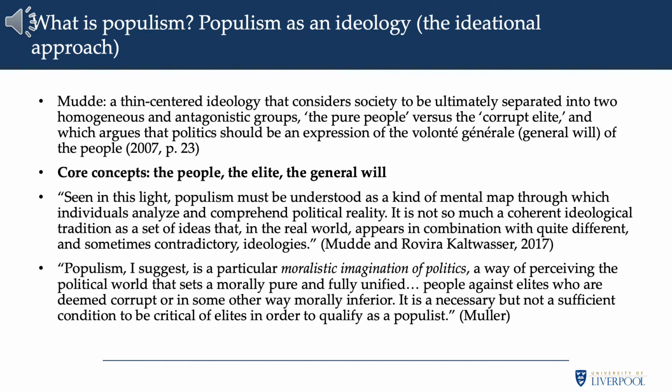Not everyone who rejects political pluralism is a populist. The basis of that rejection has to be on the morality of the people. Authoritarians may enact policies similar to those enacted by populists, but their justifications are usually based on law and order, for example, rather than those policies representing the will of the people.